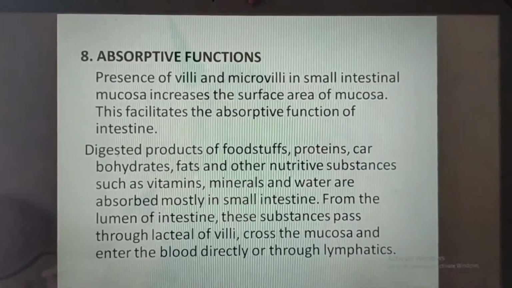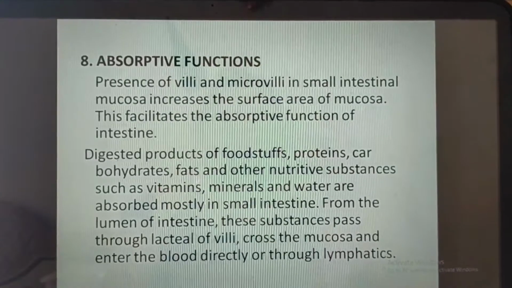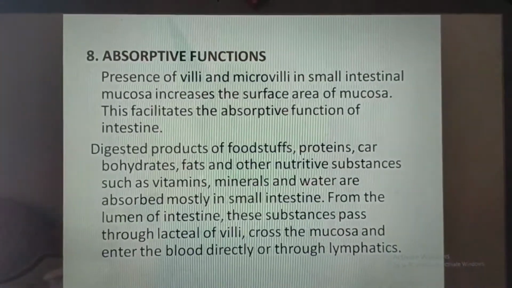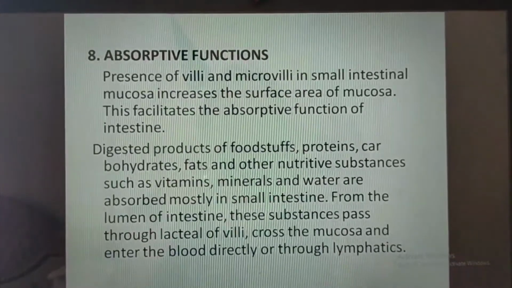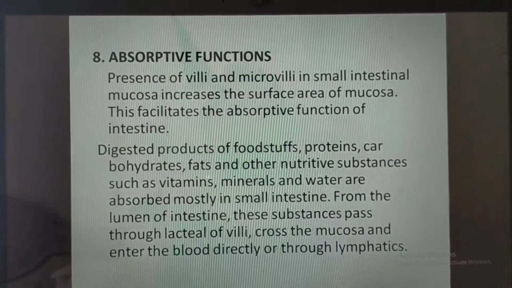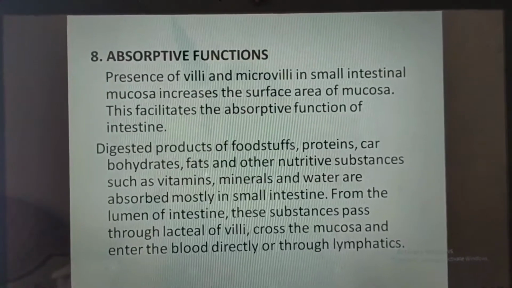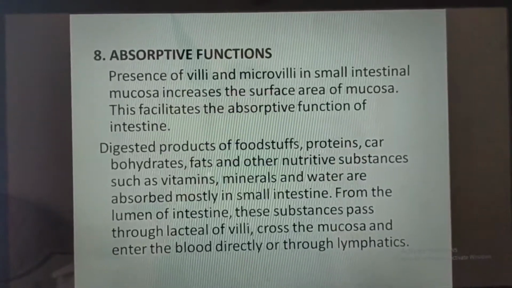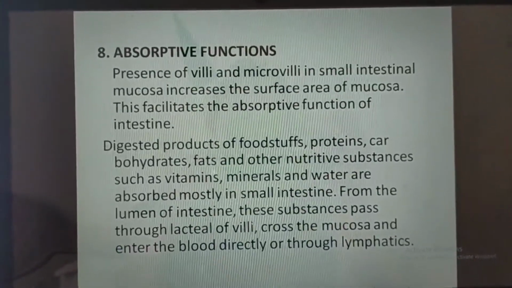Digested products of foodstuffs, proteins, carbohydrates, fats and other nutritive substances such as vitamins, minerals and water are absorbed mostly in small intestine. From the lumen of intestine, these substances pass through lacteal of villi, cross the mucosa and enter the blood directly or through lymphatics.